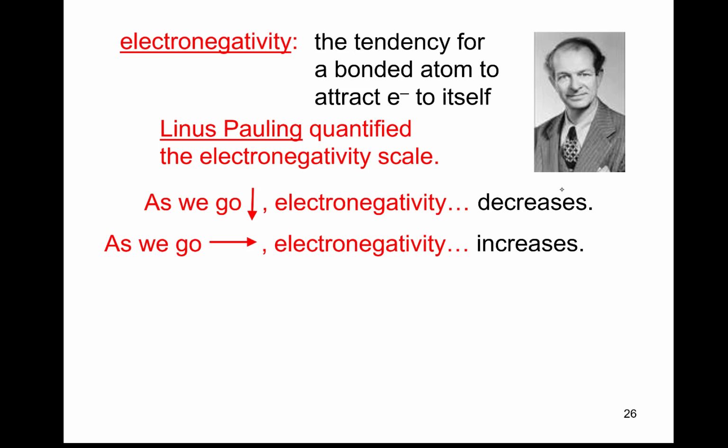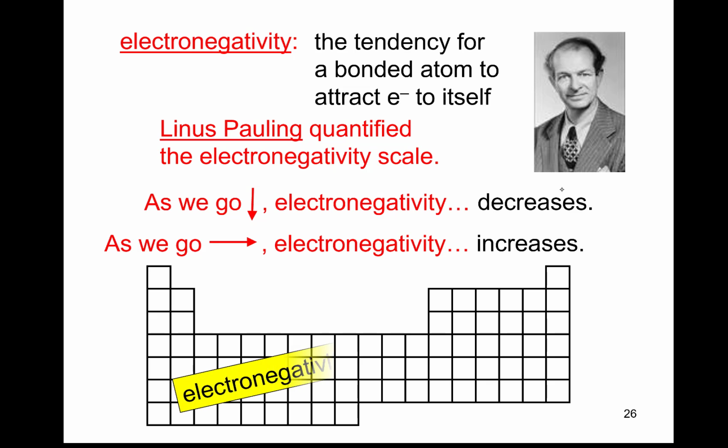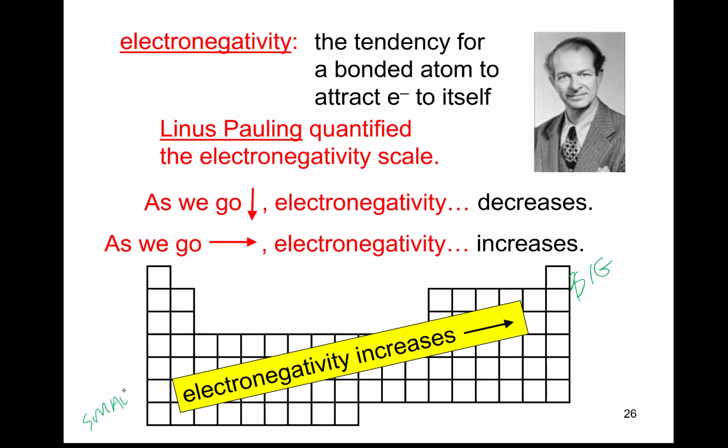Each group you go across, there's going to be a greater attraction, so the electronegativity increases. So if we kind of have our periodic table, we can make this trend that the electronegativity value is the biggest over here, and then the smallest down here.